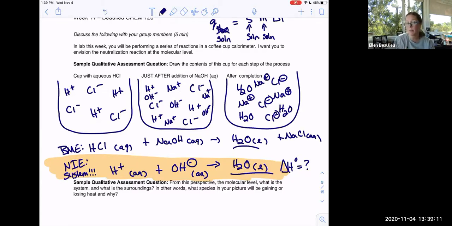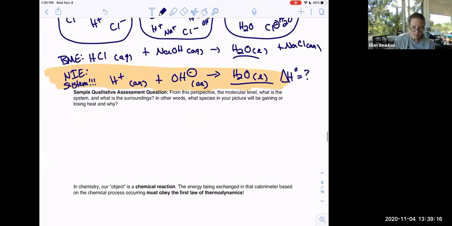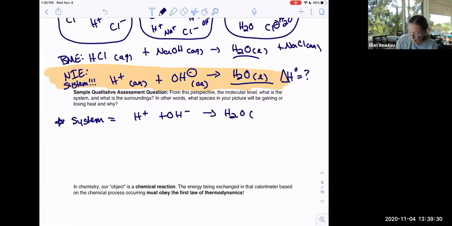This is one of the 3 reactions in your lab. So from this perspective, the system are the ions. I basically gave this away. The system equals H plus and OH minus, yielding that liquid water. That reaction is the system. The spectator ions and the solvent are the surroundings.